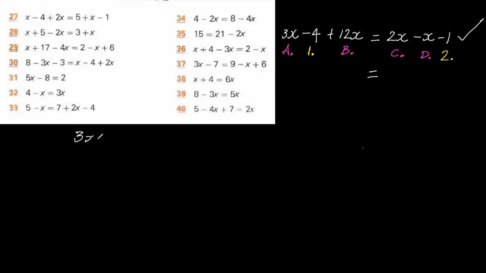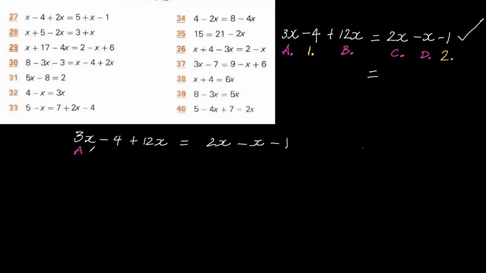It's 3x minus 4 plus 12x equals 2x minus x minus 1. So I'm going to name the terms just to identify them.